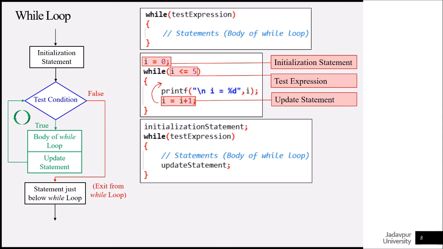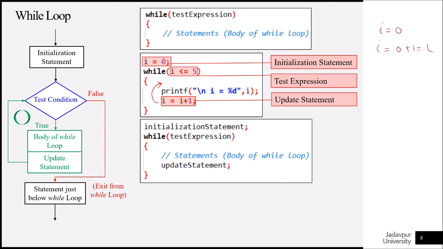But as I stated just now, this update statement can be provided anywhere within the body of the while loop. So let's take this example of the update statement being provided before the printf statement. Initially the value of i is 0. The test condition is true. It enters into the loop and updates the value of i to 1.